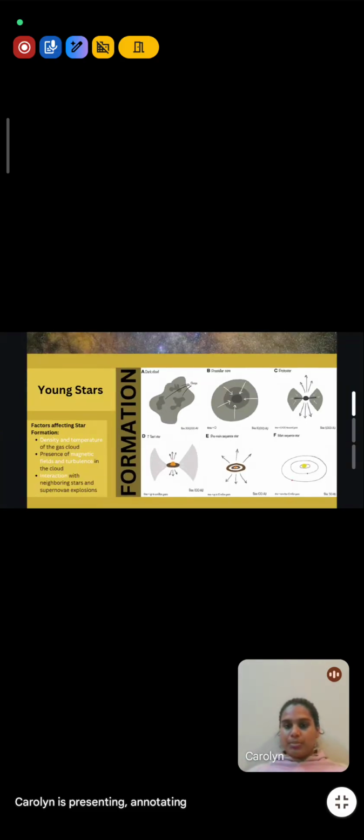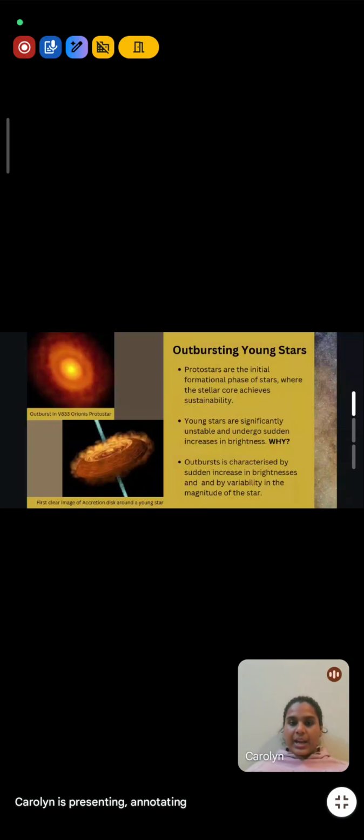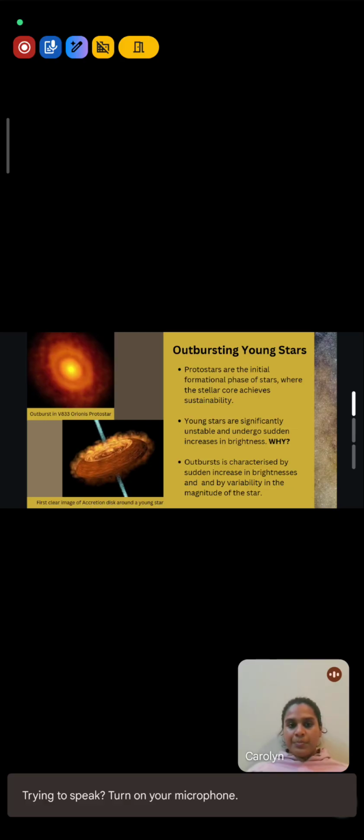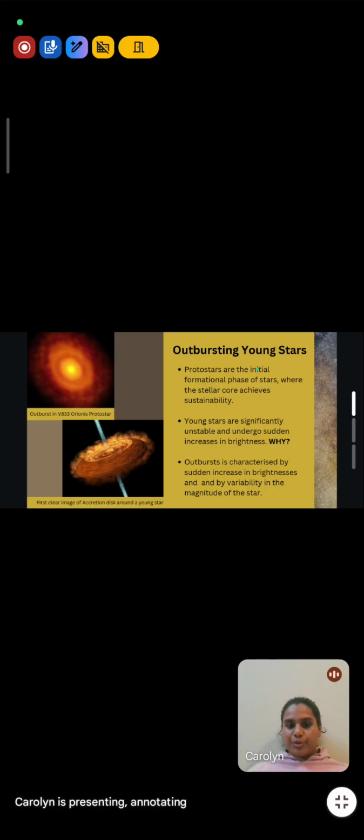So this is the briefest way I can give you a star formation or solar system formation. So yes, we had some outbursting young stars shown in the picture, as well as accretion disk discussed in detail. Can someone tell me what accretion disk means, or if you remember the term from before?